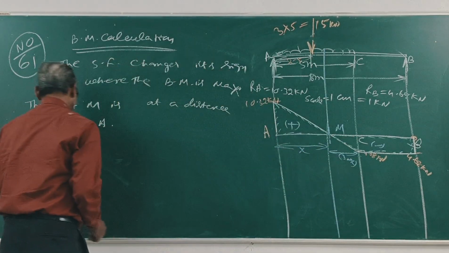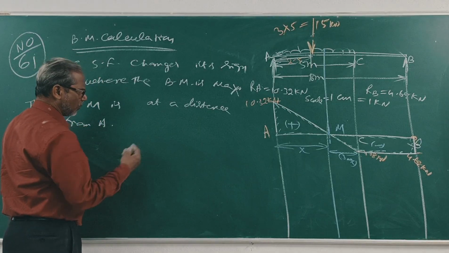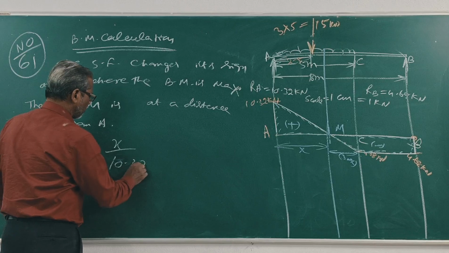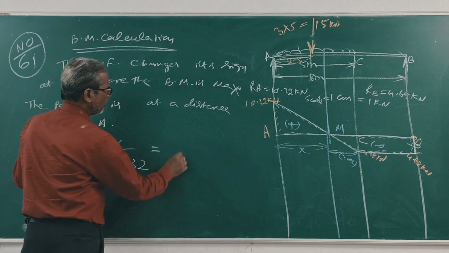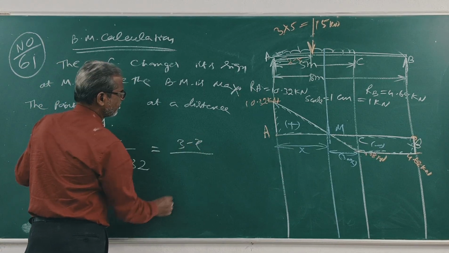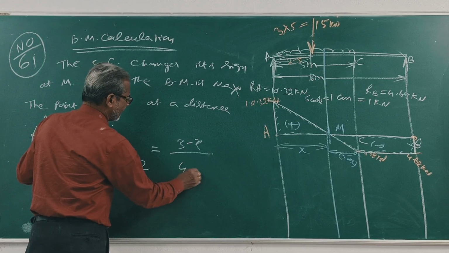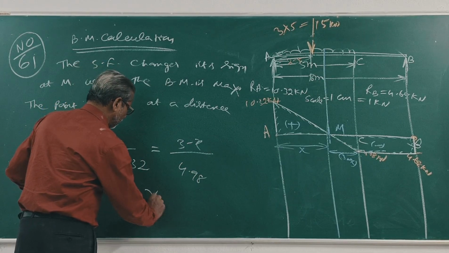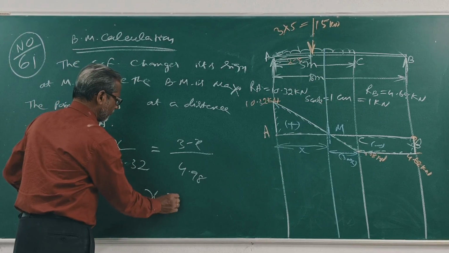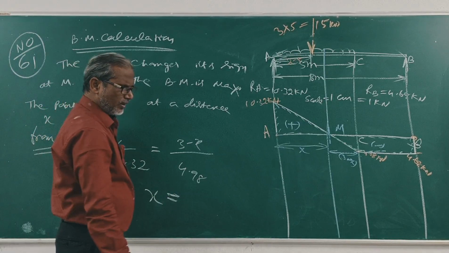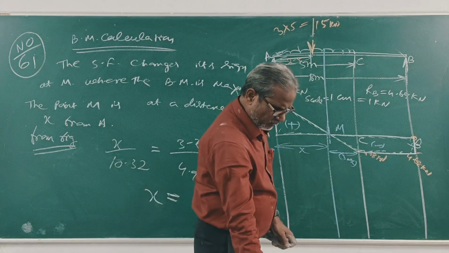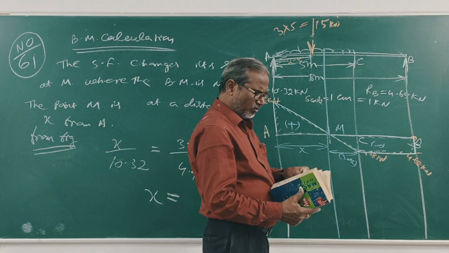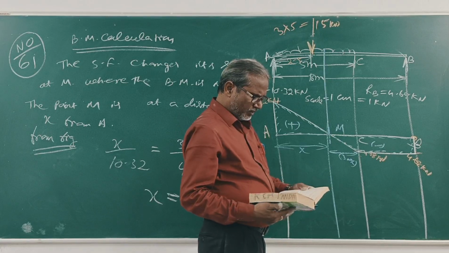Clear? From the figure, comparing the two triangles, x by 10.32 is equal to 3 minus x by 4.98. So solving, find out the value of x. After solving, you get x is equal to 3.44 meter.